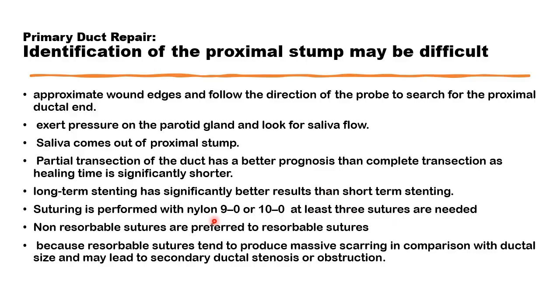The use of non-absorbable sutures actually showed better results than absorbable sutures. Absorbable sutures sometimes leave massive fibrosis and scarring that would occlude the very fine caliber of the duct.